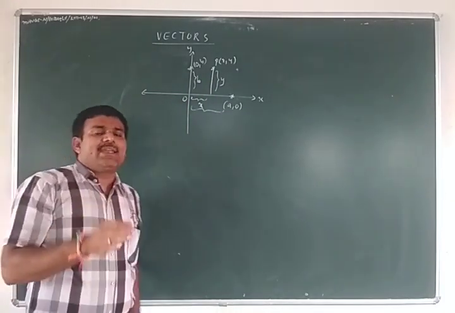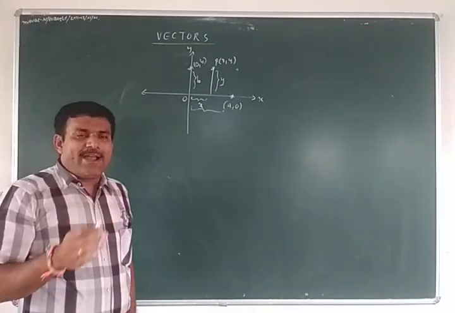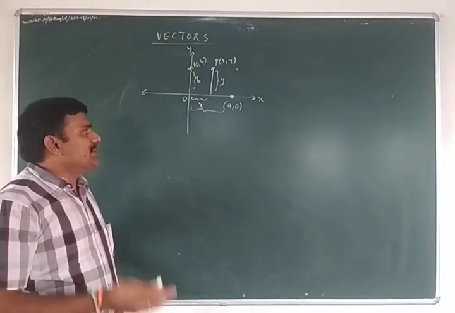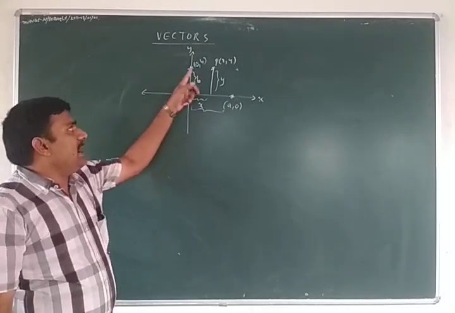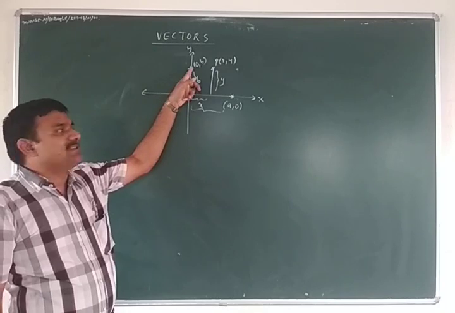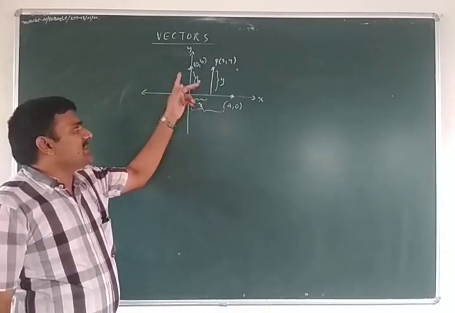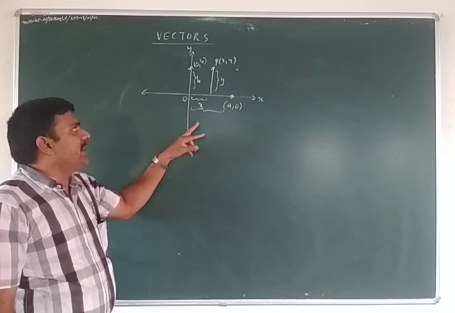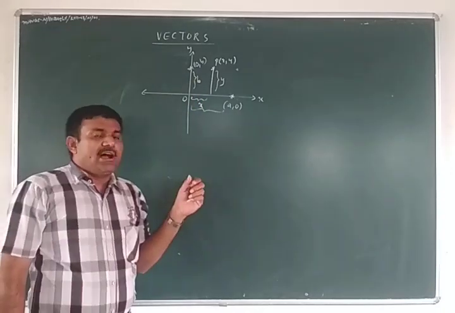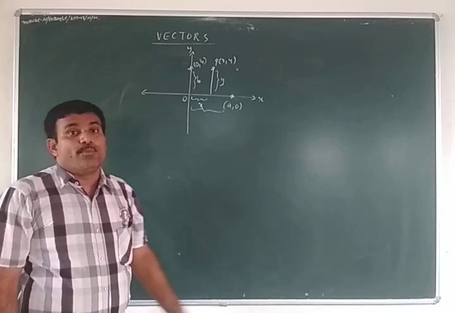So one important concept to remember, the point lies on the x-axis means y coordinate is equal to 0, and point lies on the y-axis means x coordinate is equal to 0. So these two points in the two-dimensional geometry are very important. Based on these concepts, you have studied distance between the 2 points also.